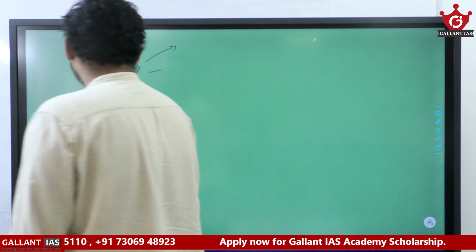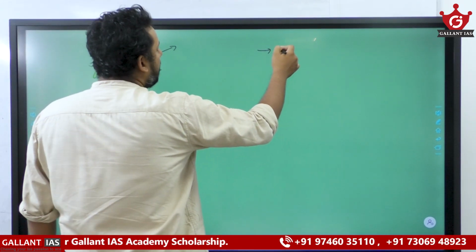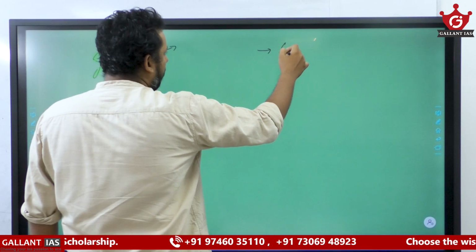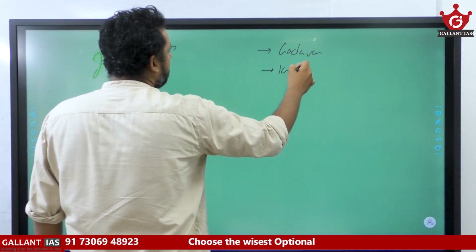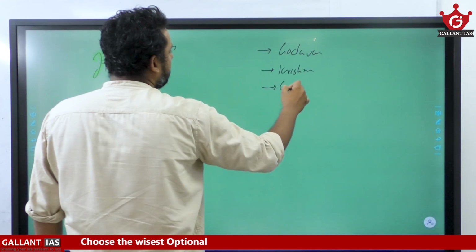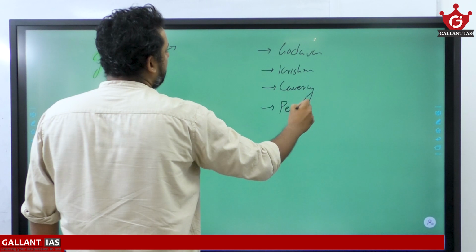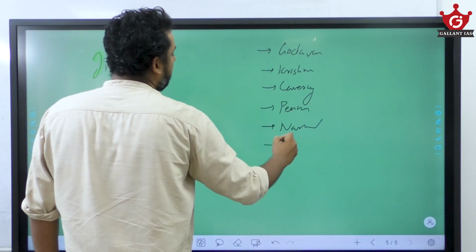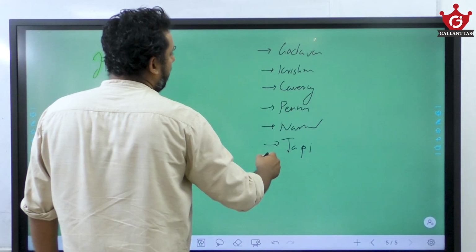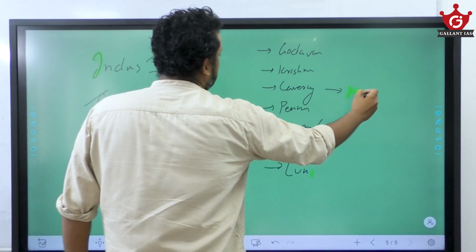After Indus, Ganga, and Brahmaputra, you can go to the peninsular rivers, which include Godavari, Krishna, Kaveri, Pennar, Narmada, Tapi, and also go through the river Luni and Mahanadi.